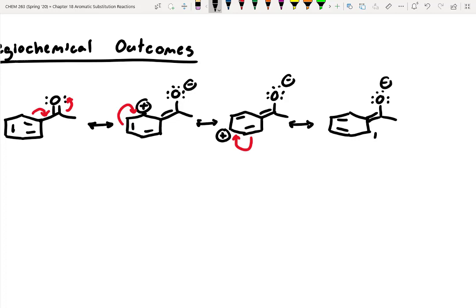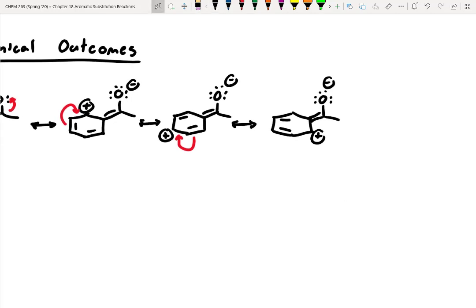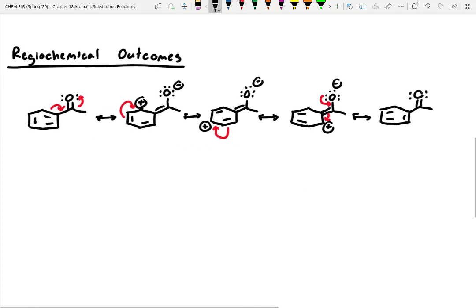Oxygen still has a negative charge, but now the positive charge is over there. And then last but not least, the last resonance structure, we can push this all down, and we can show this back in its usual state. So we've got all of these resonance structures that we can consider.